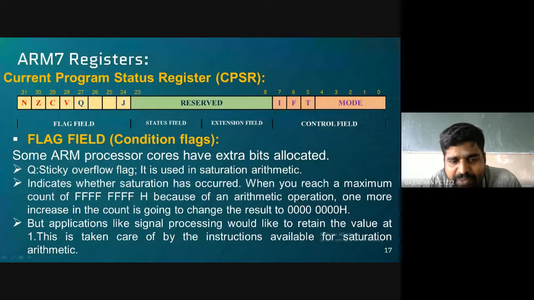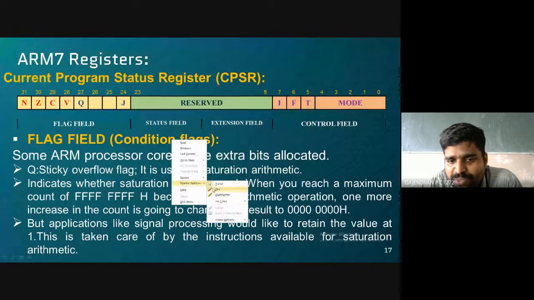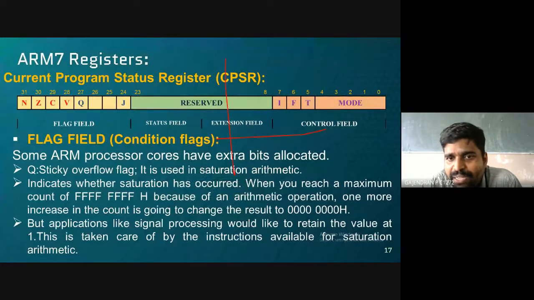Whenever you're doing signal processing, we discussed a waveform like this. A particular limit மேல போச்சுன்னா saturation. இதை நம்ம தாண்டிட்டாலும், this saturation we need to indicate using this flag field.